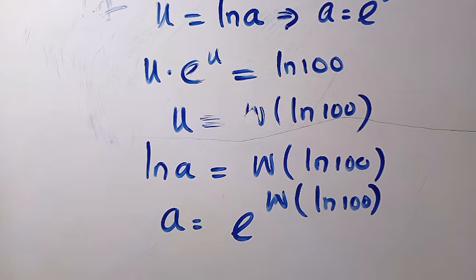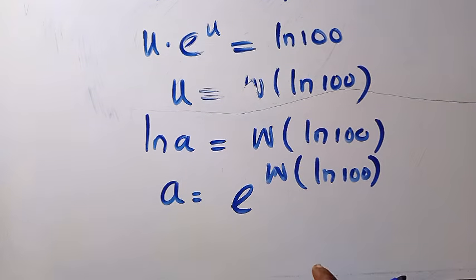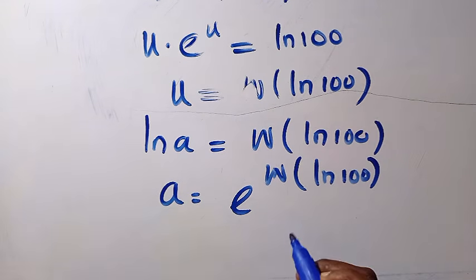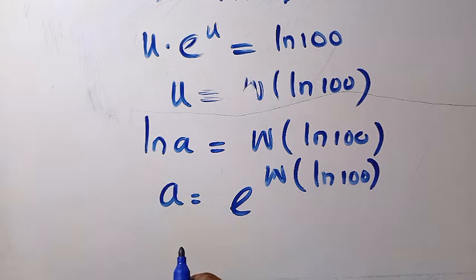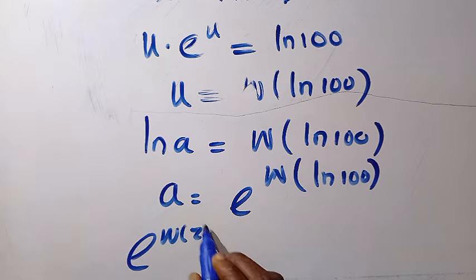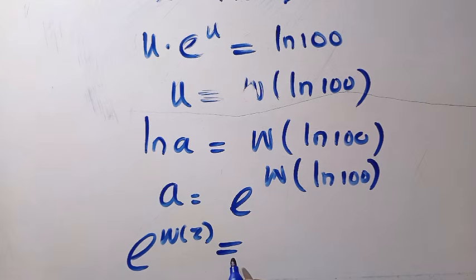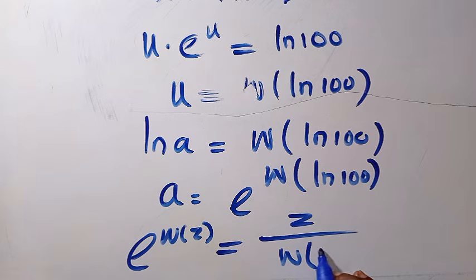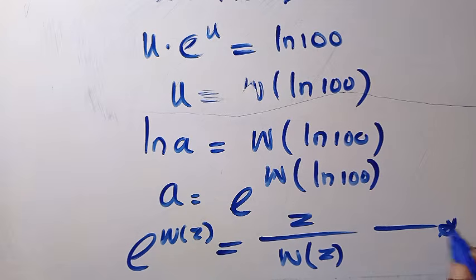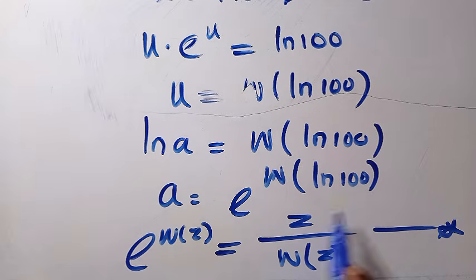But there is another rule of Lambert that says, suppose we have e to the power of omega of z. This gives us z divided by the omega of z. So this is a very important formula here. We are going to apply it to this.